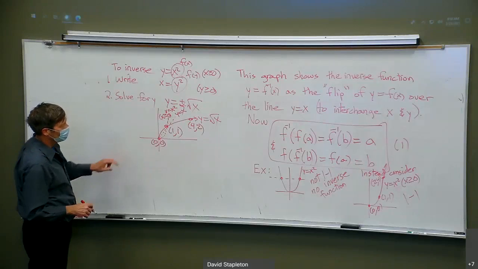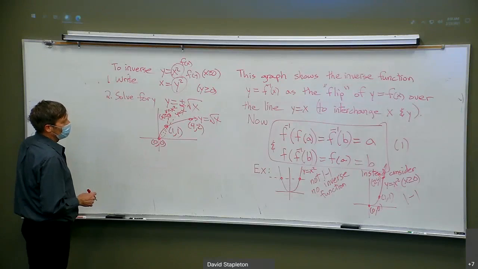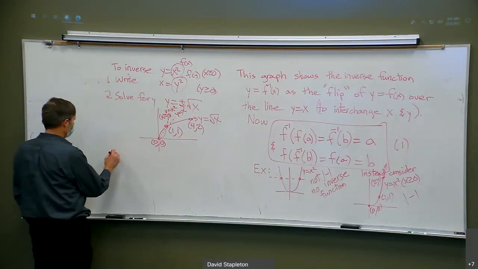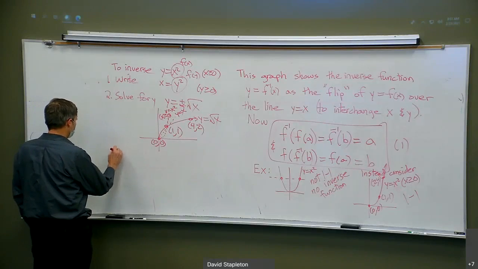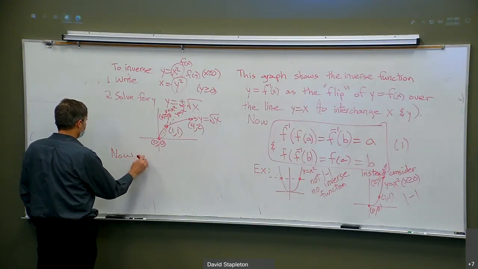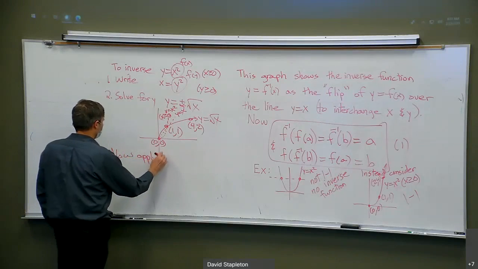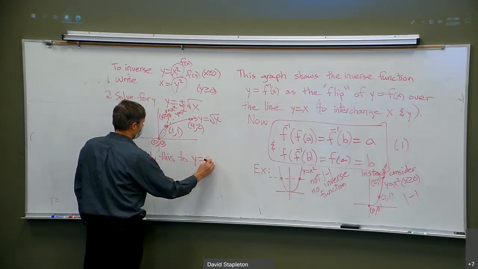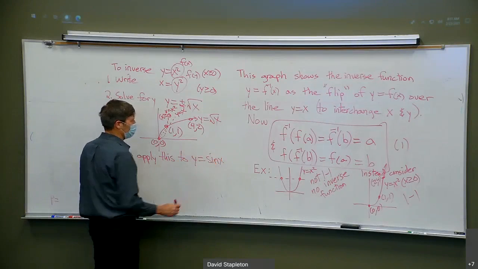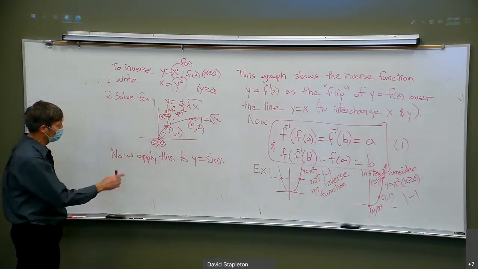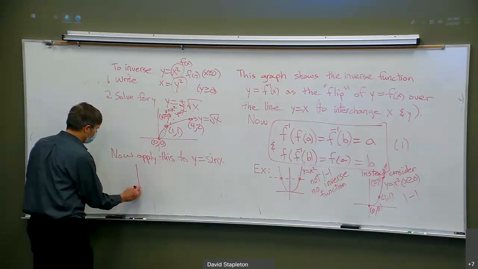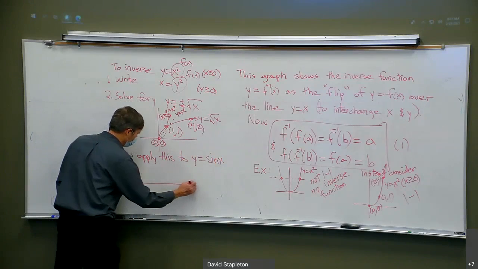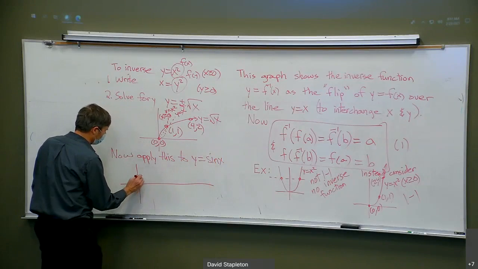All right, let's try this one then. Now, apply this theory to the function y equals the sine of x. We have exactly the same kind of problem we did with the square function. When we draw the sine function, it's a wave like this.